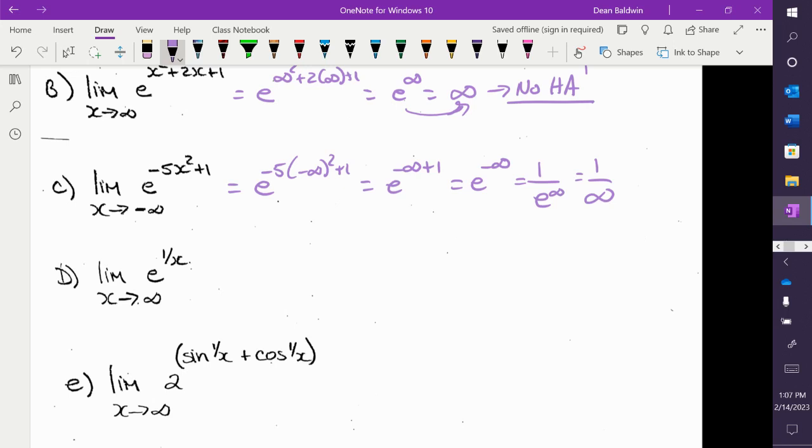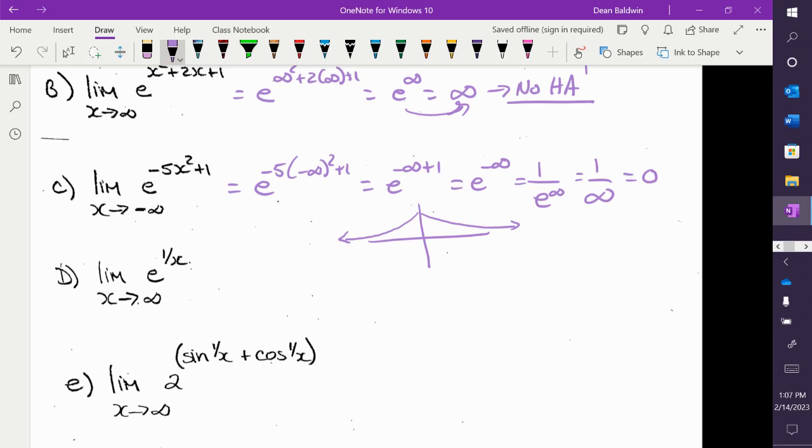Constant over infinity is 0. And this graph looks like this. Again, I don't expect that you know the graphs. We will get into curve sketching later on. Okay?